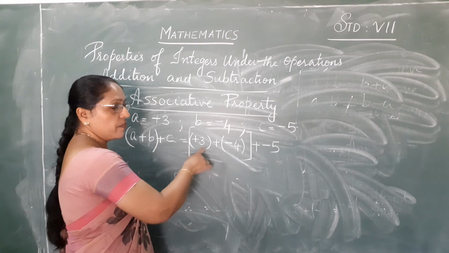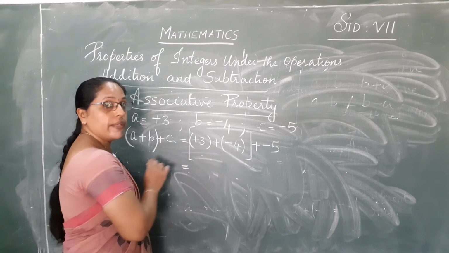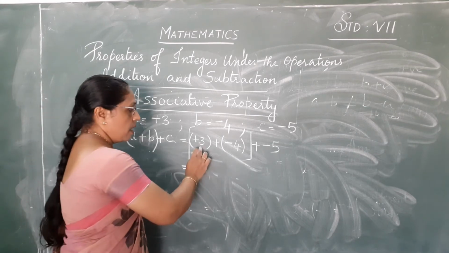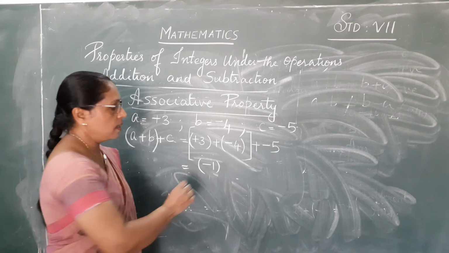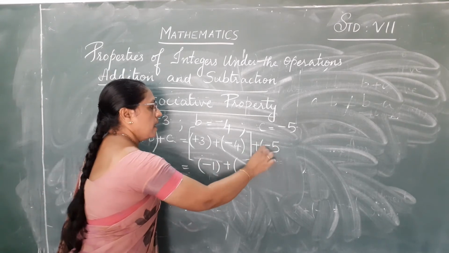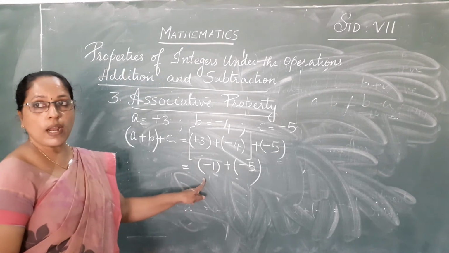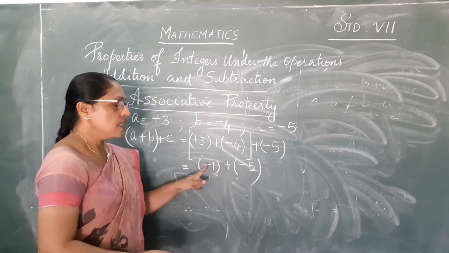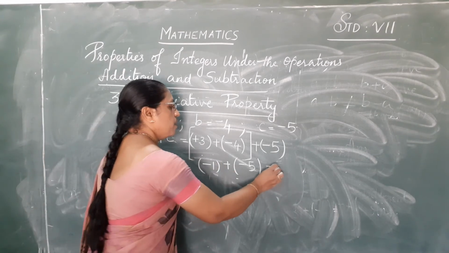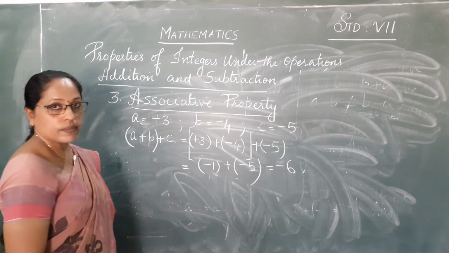Do the grouping first. Rule: positive, negative, so subtract and put the bigger number's sign. So negative 1 plus negative 5. Again addition, same sign, so add and put the same sign. Answer is negative 6. Clear?